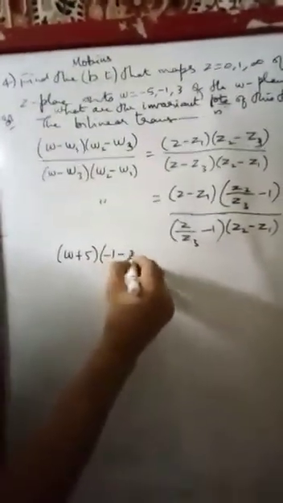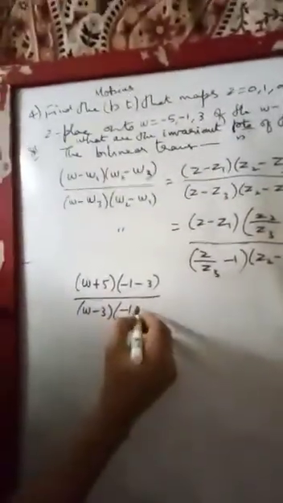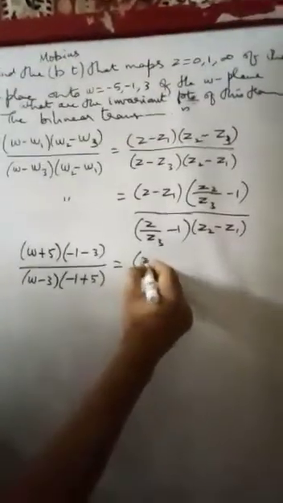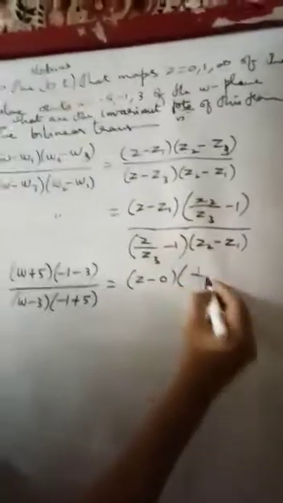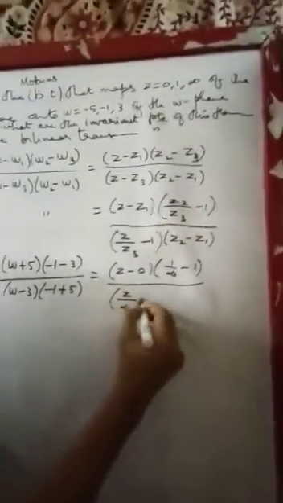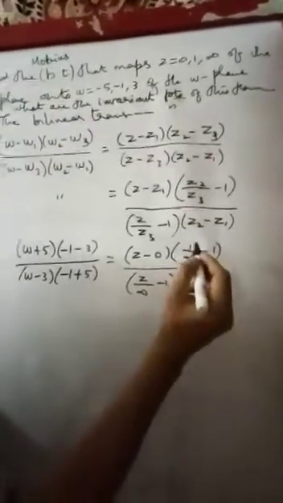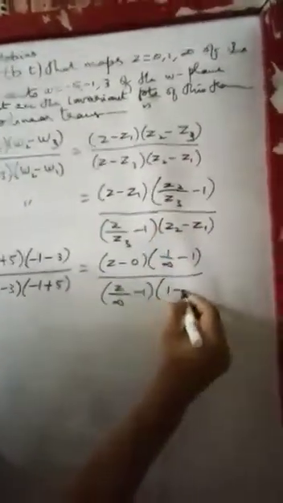Now you can substitute the points. Omega 1 is minus 5, so minus minus 5 is plus 5. Omega 2 is minus 1. Omega 3 is 3, so omega minus 3 into minus 1 minus minus 5 equals z minus 0. z1 is 0. z2 is 1 by infinity minus 1 by z by infinity minus 1 into z2 is 1 minus 0.